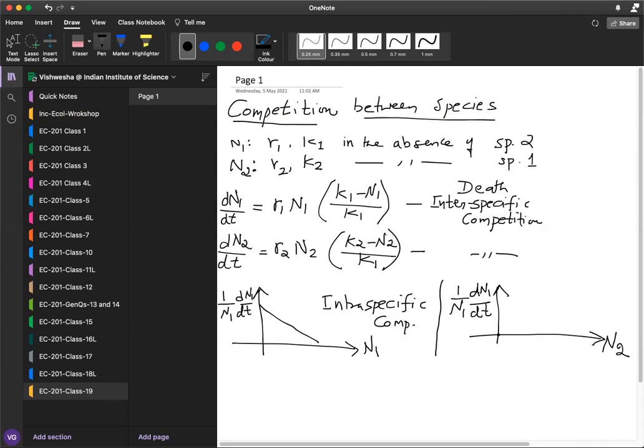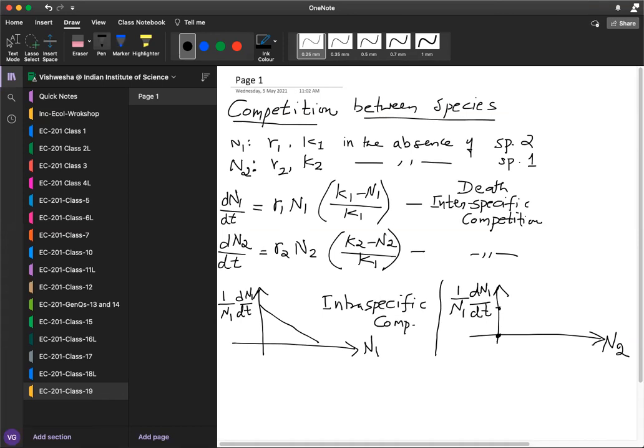When N2 is 0, what do we think should happen? For some given value of N1, the per capita growth rate will be some value here. There is some growth rate in the absence of N2. Now, as N2 increases, what should happen? It should reduce, right?